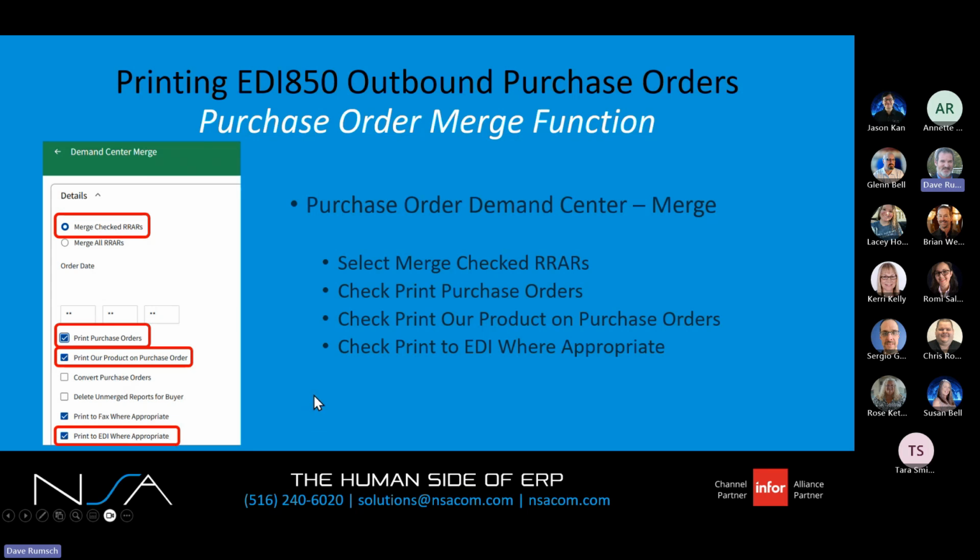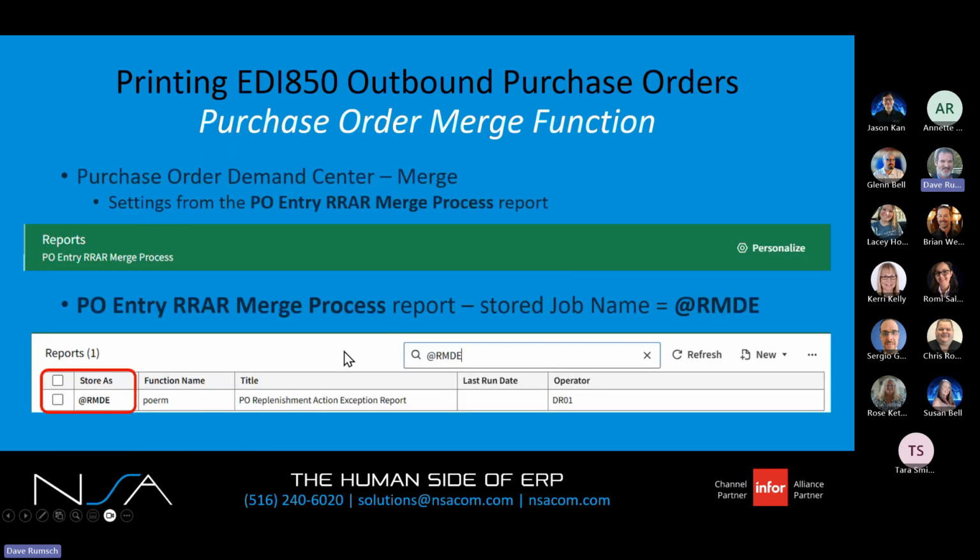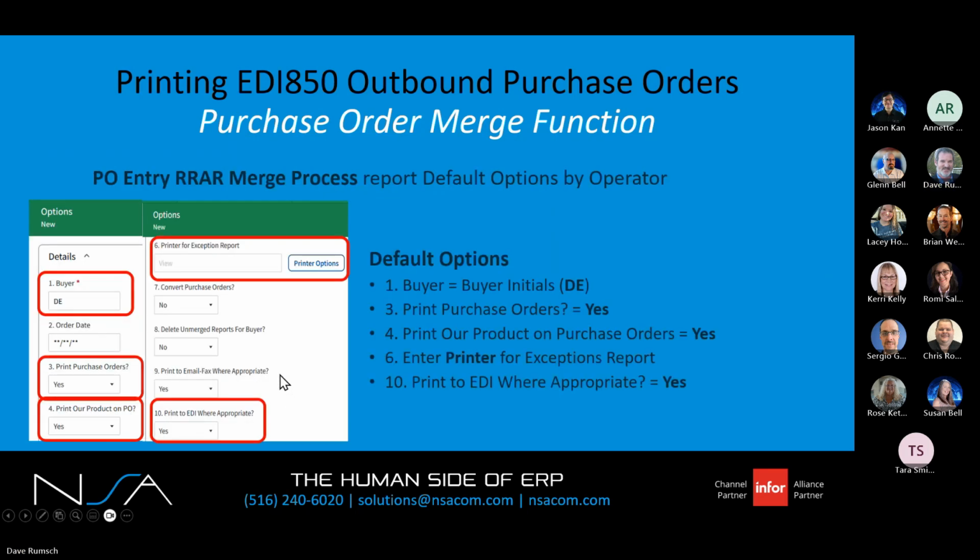And the way that you do that is you would set up a purchase order merge report for each buyer that starts with @RM. That's replenishment merge. So @RM and then the buyer's initials, DE in this case. On the options page, you set the buyer in option 1, print purchase orders option 3, print our product option 4.